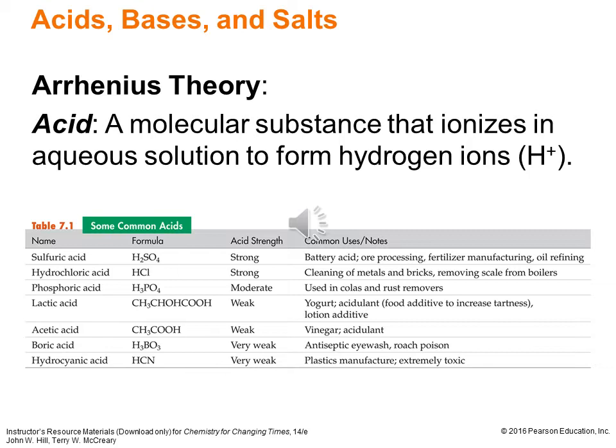And you see we've got lots of other types of acids identified and uses for those acids, but sometimes the acids are particularly hazardous. Boric acid there, second from the bottom, is a roach or an ant poison. Hydrocyanic acid, another weak acid, is extremely toxic to humans, and we have to be careful with that one.